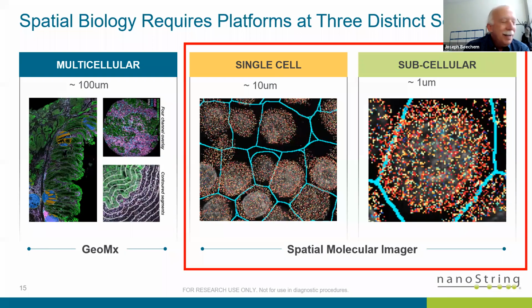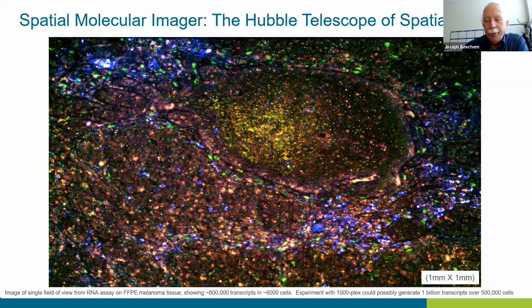Okay, so let's move out of the world of the functional macroscopic way these organs function, and go into the private lives of the cells that aggregate together and make this happen. How do we develop technology to really study that? So this gives you an idea of the kind of images that are coming out of the Spatial Molecular Imager.